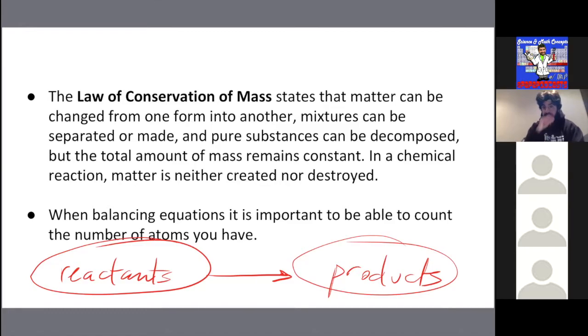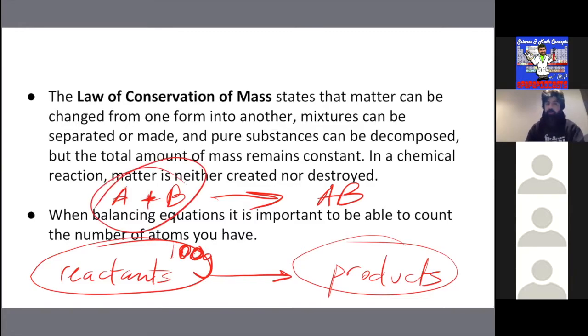What this law states is that if I start off, let's say, with 100 grams of reactants, so we put together, let's say, reactant A with a reactant B, when they react and form a final product, or maybe a combination of products, if we started off with 100 grams of this, we need to finish also with 100 grams. Okay, that's the law of conservation of mass.